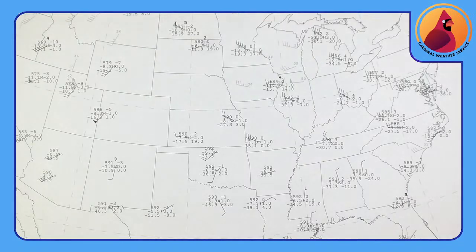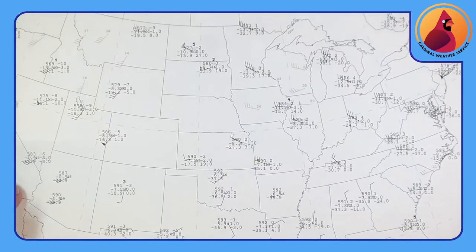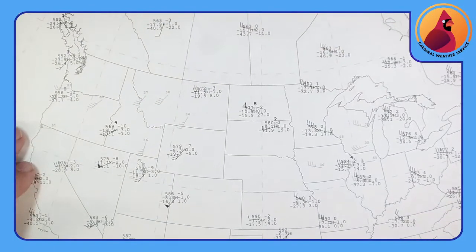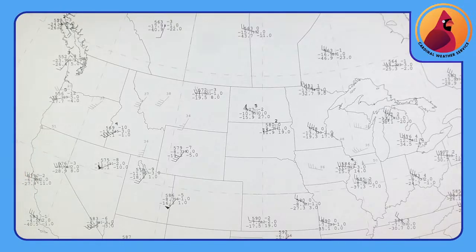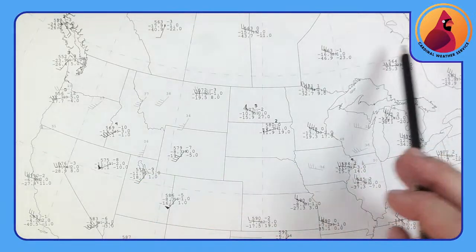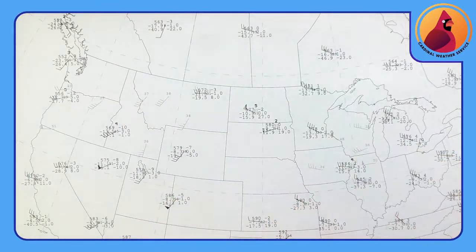If there's anything lower, that would be 564. Just taking a quick look around here, looking for some of my lower values. Generally, we're going to find lower values here to the north, higher values to the south.